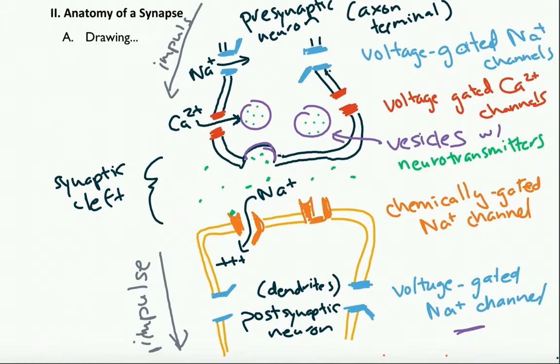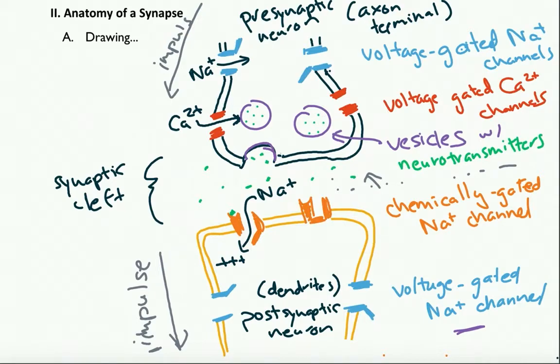Sometimes, instead of another neuron, after this section, the neurotransmitters may, instead of touching another neuron, bind to a muscle cell, or it might bind to a gland and then trigger a response in that effector organ.